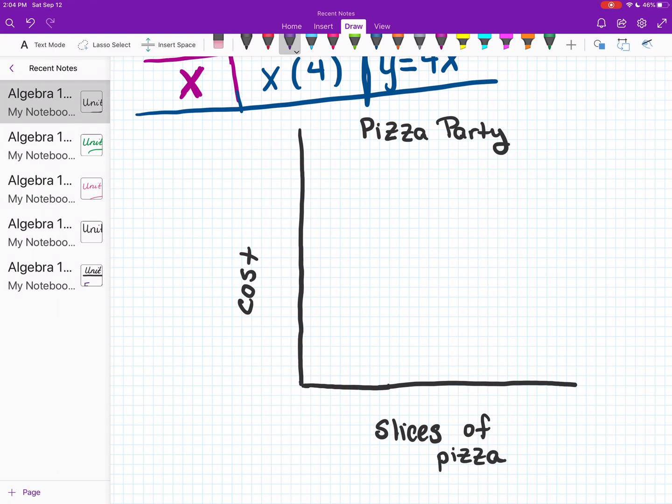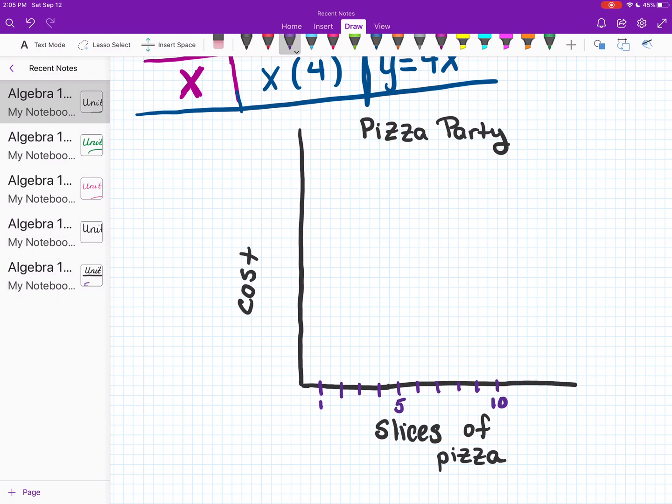I'm going to go half slices. So half slice 1, half slice 2, half slice 3, half slice 4, half slice 5. Notice I'm not writing in all the numbers. Half slice 6, 7, 8, 9, 10. The reader can then ascertain what you're counting by looking at your numbers that you have on there.